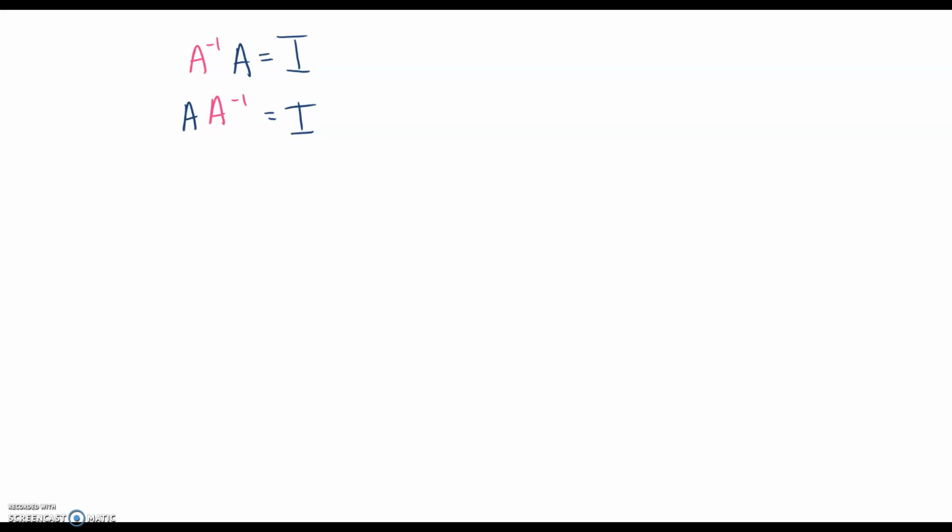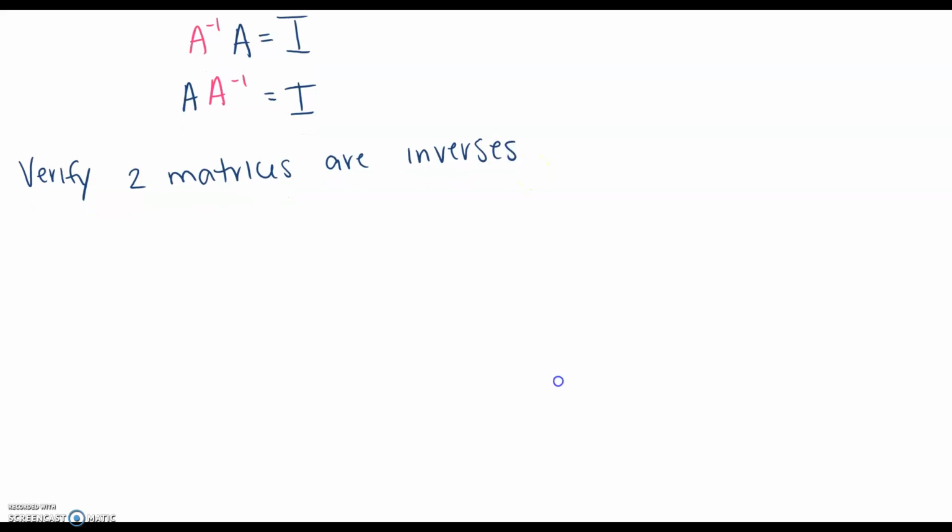But before we get to that, let's learn how to verify. If we want to verify two matrices are inverses, we're going to do exactly what we did above. If they're inverses, we should be left with the identity matrix going both ways.